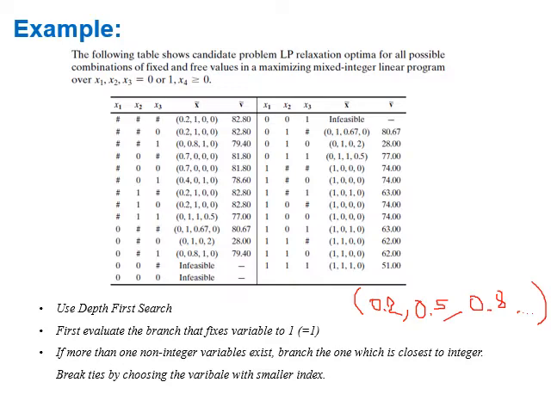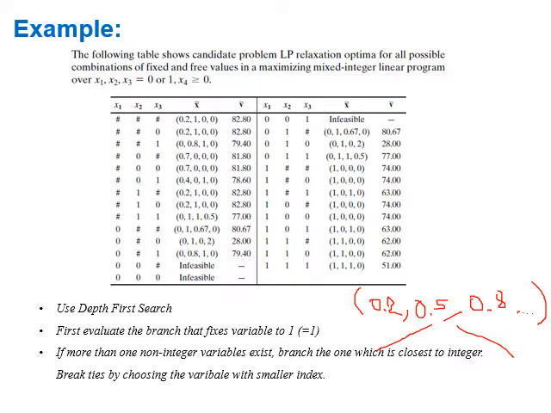So there are three alternatives in this solution. Which one should we select first while branching, which one should be fixed first, x1 or x2 or x3? According to this rule, select the one with the value closer to an integer.